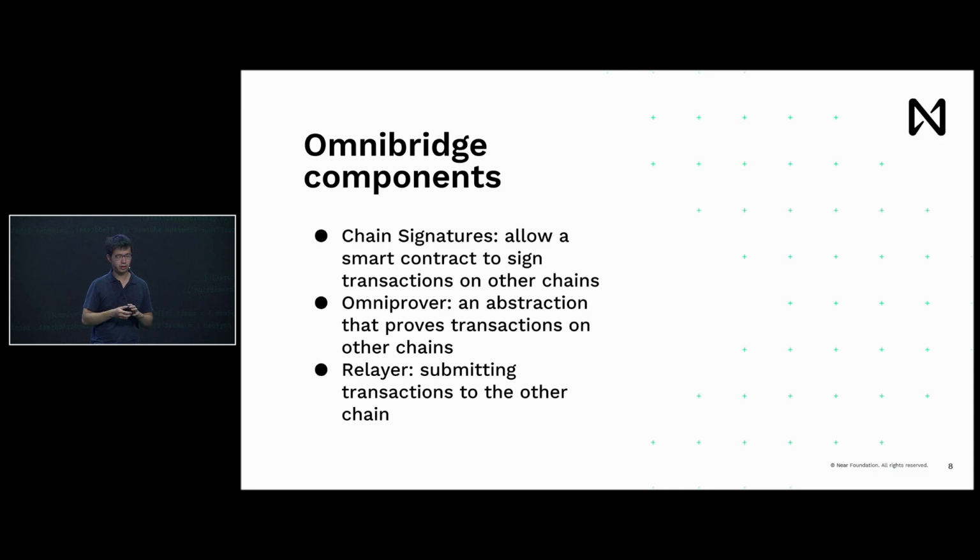So here, as I was working through the example in Ethereum and Bitcoin, I think this asymmetry is manifested in two important components that underpin Omni Bridge. One is called chain signatures, as many of you are probably familiar with.